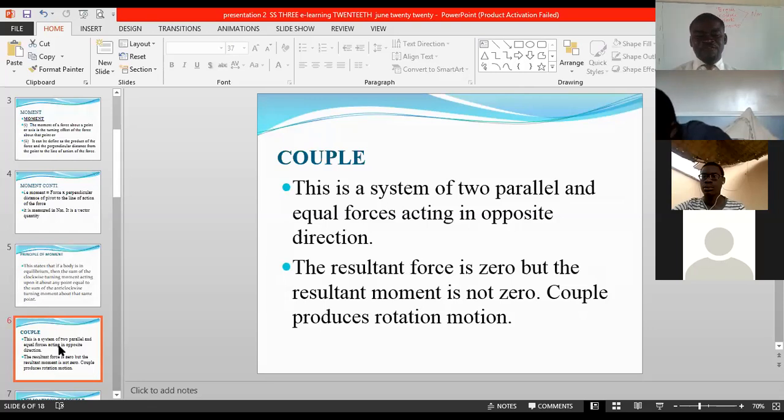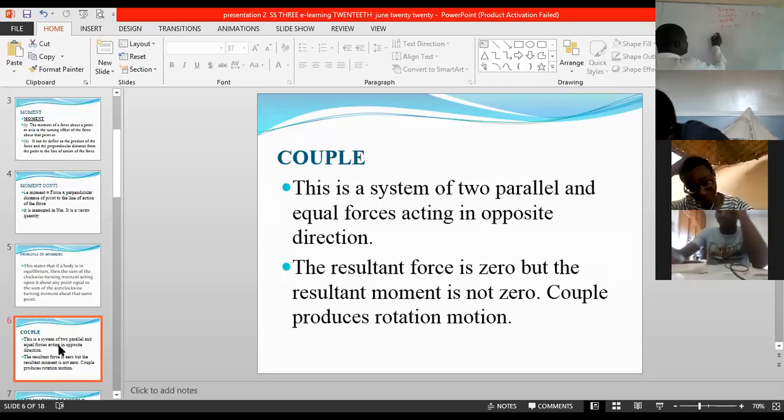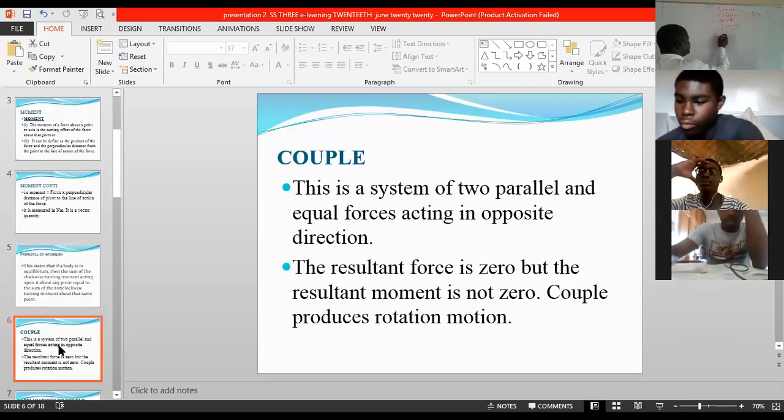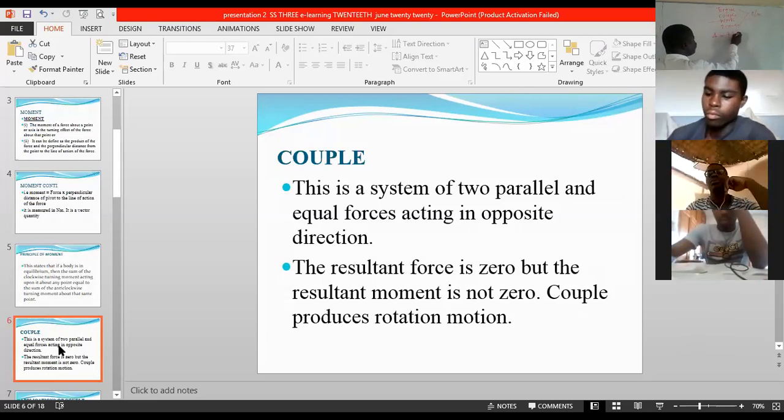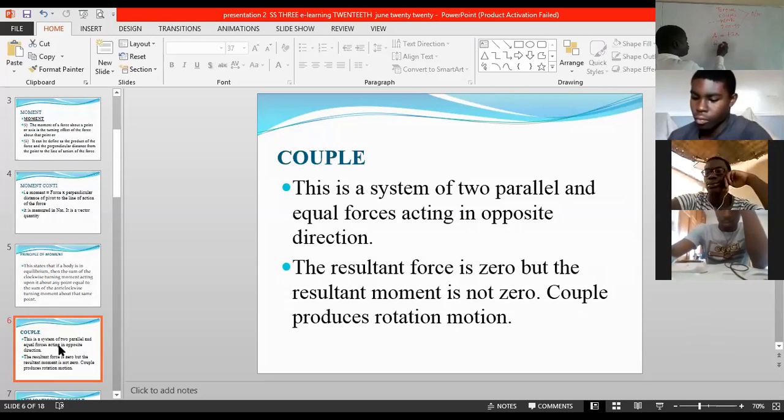The resultant force is 0 because they are equal in size. Action is equal to plus 2 newtons. Reaction will be minus 2 newtons because they are equal in size but opposite in direction.